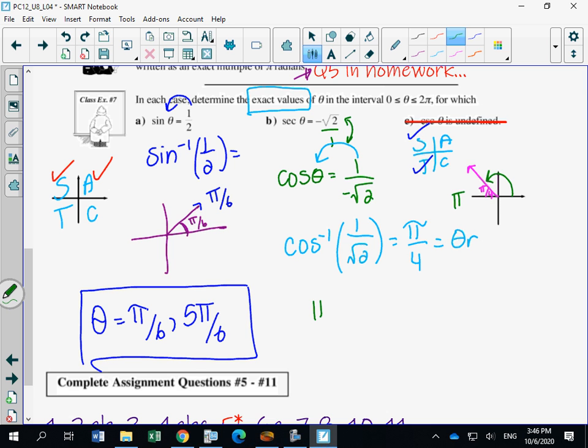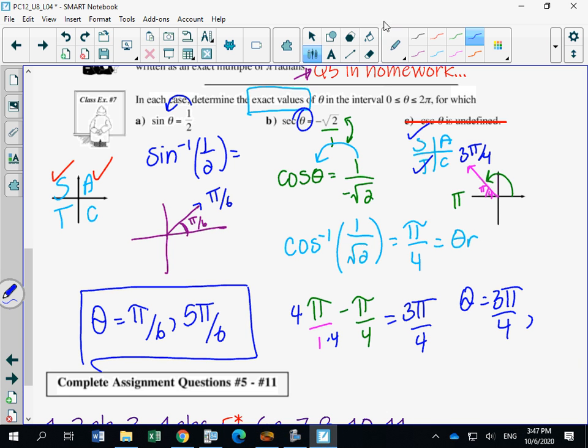So pi minus pi over 4, I'd get common denominators, and that's going to be 4 pi minus 1 pi is 3 pi over 4. So the first rotational angle is 3 pi over 4. I'm going to say theta, because they use theta in the question, is equal to 3 pi over 4.